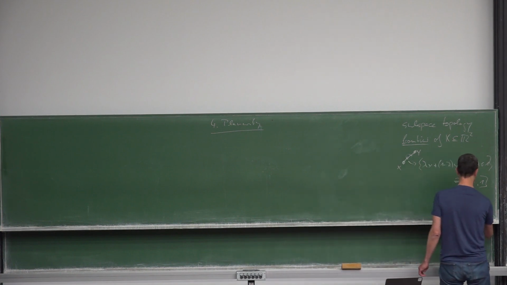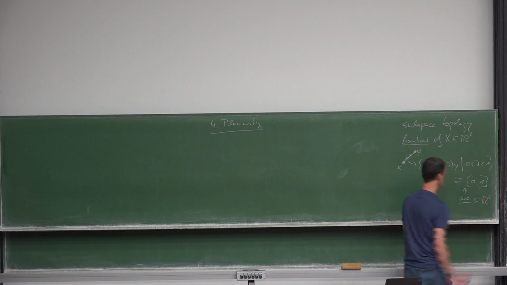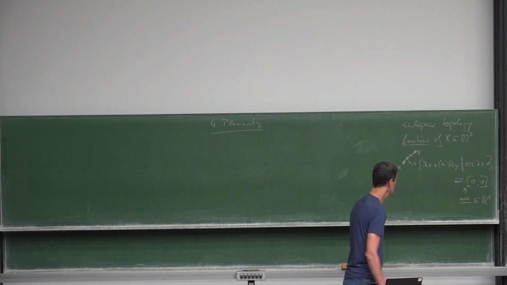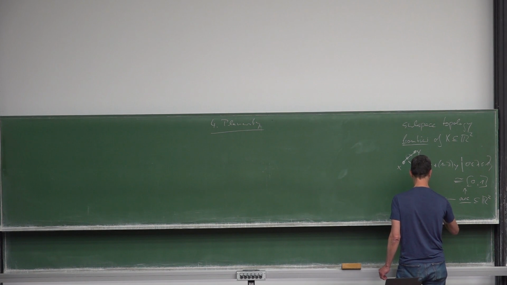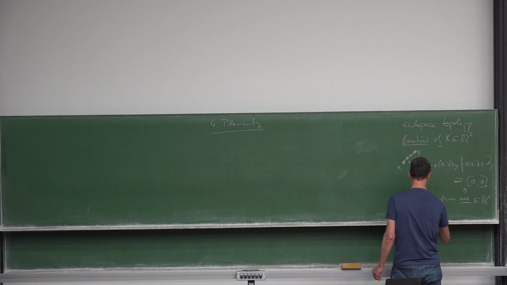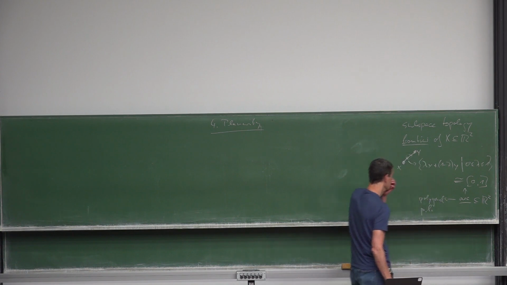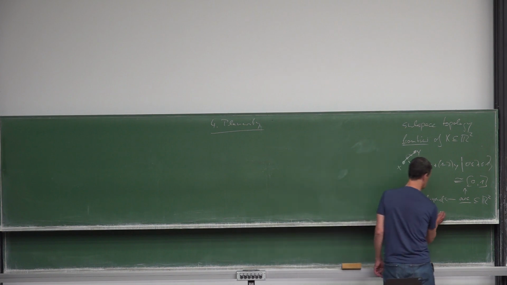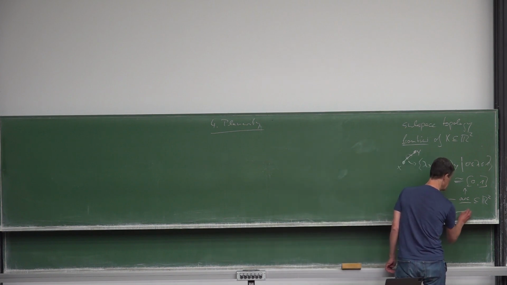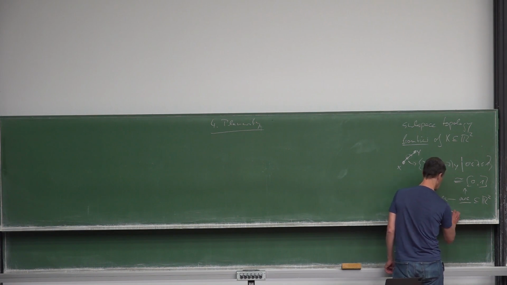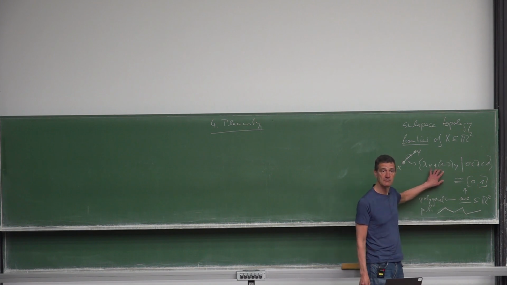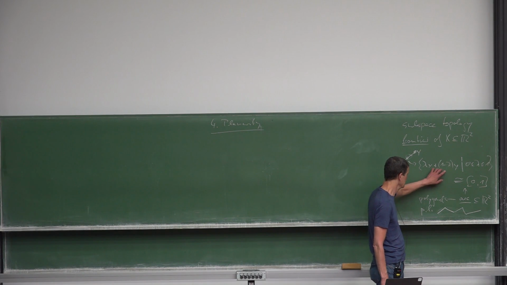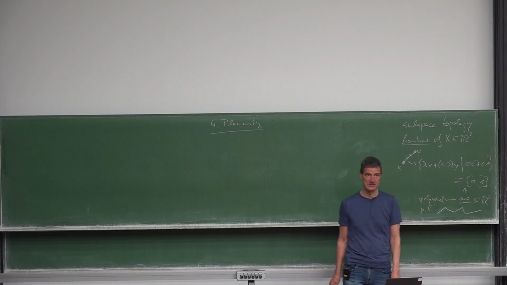So let me write it like that. And this is polygonal or piecewise linear if it looks like this, without dots. If it's a finite union of such straight line segments.